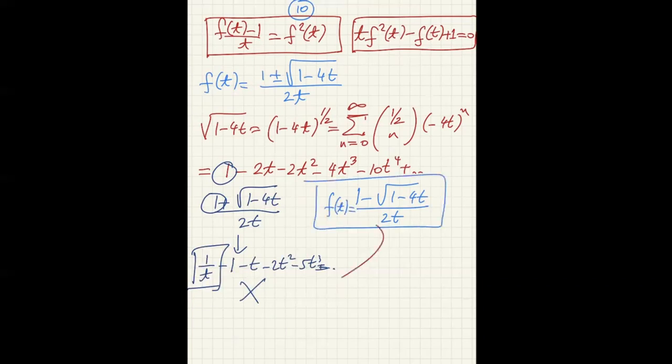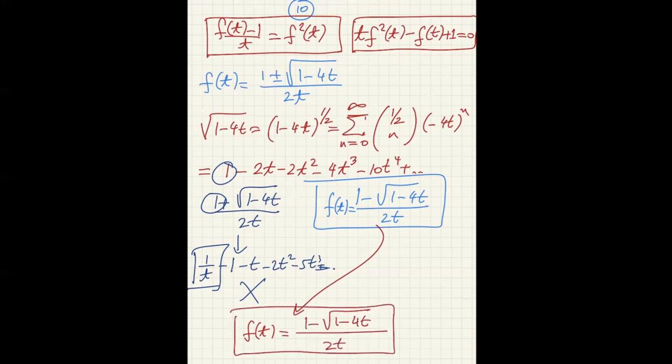So we actually have that f of t equals 1 minus square root of 1 minus 4t divided by 2t. This is actually another formula for the generating function of the Catalan number. And now, from here, I'm a bit out of time.